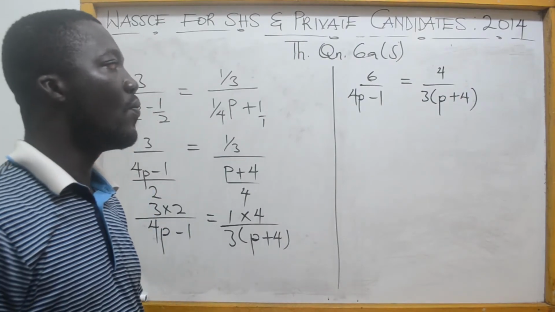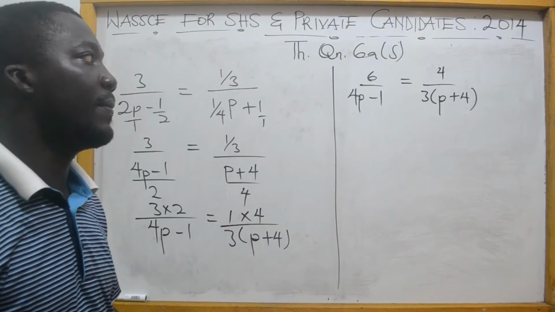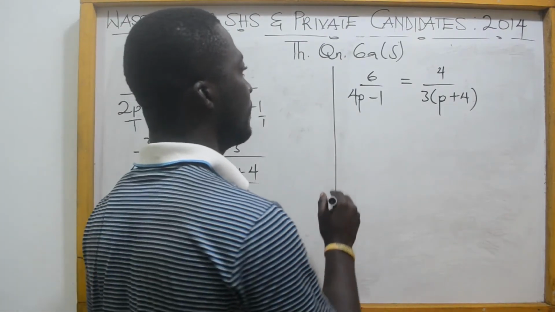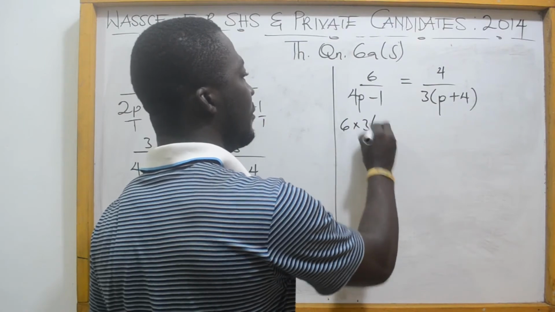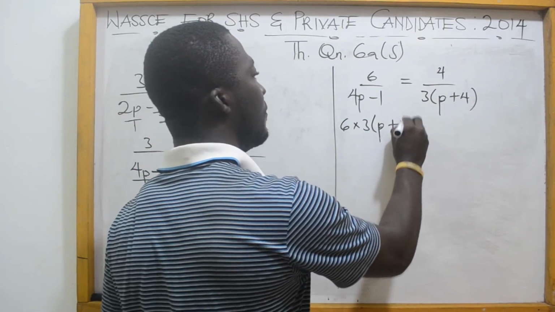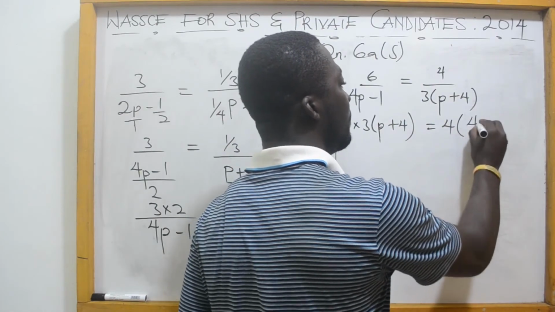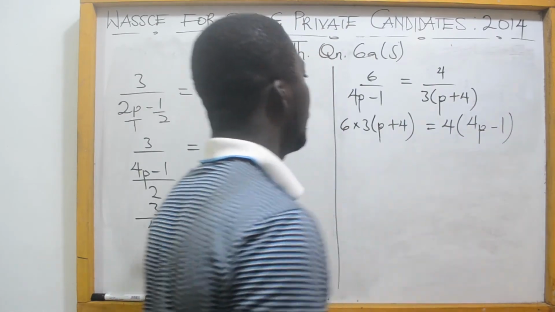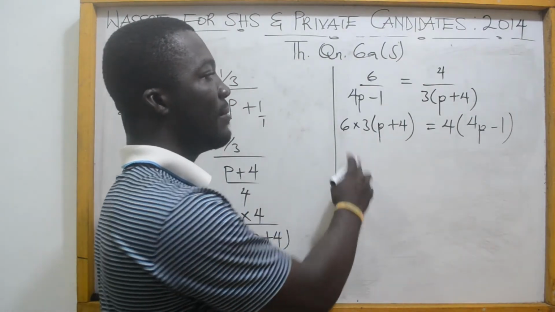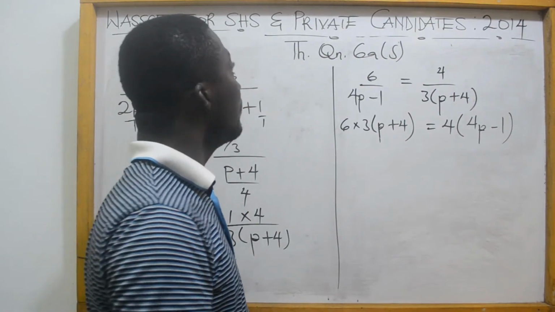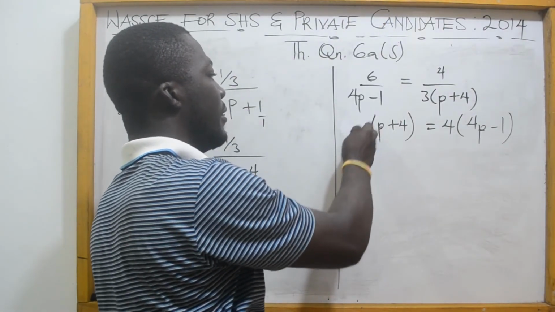Now, we can do cross multiplication. You're going to get 6 times 3 into bracket p plus 4 is equal to 4 into bracket 4p minus 1. 6 times 3 is 18.